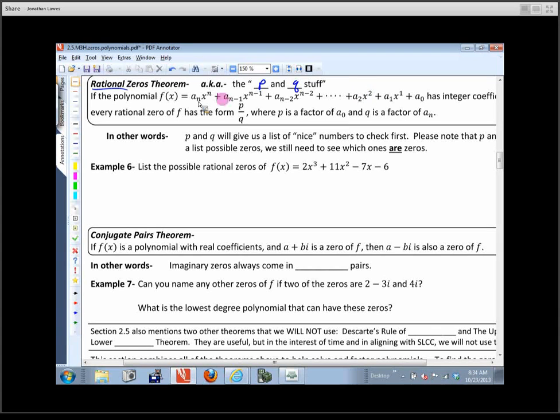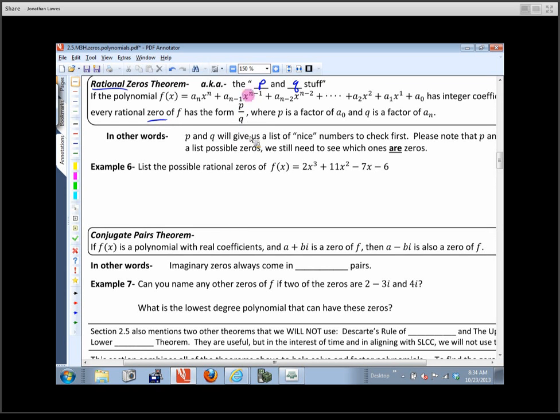So if you've got a polynomial that's written in descending order, and it's got integer coefficients, which is what we're going to have, we're not going to have any irrational coefficients or anything weird like that, then every zero of that polynomial has this form, p over q.